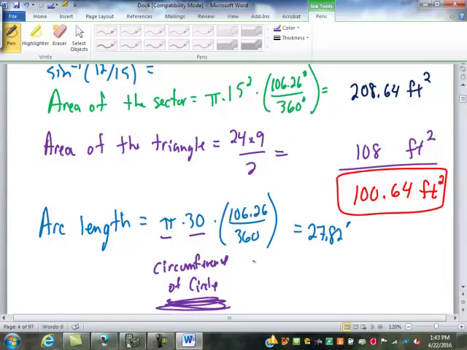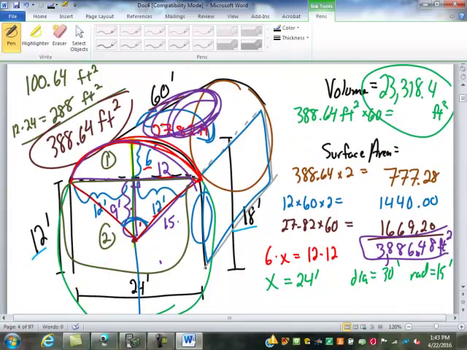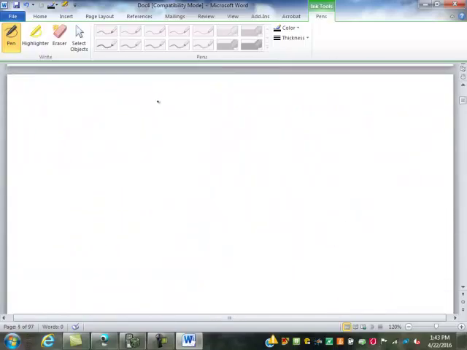Then you take the circumference of the whole circle times your angle over 360. Then once you have the length of that arc, it's just a length times another distance to get the area. That arc times the 60 feet up the roof to get the area of the roof.